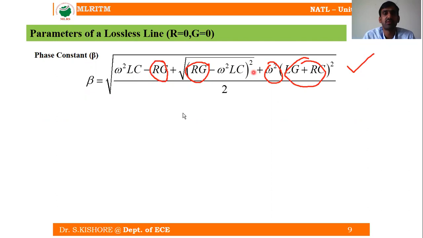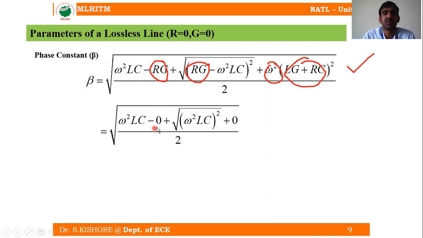Then we are going to have omega square LC minus 0 plus root over omega square LC whole square plus 0, by 2, which is equal to omega square LC plus, this root and square get cancelled, then 2 omega square LC by 2.